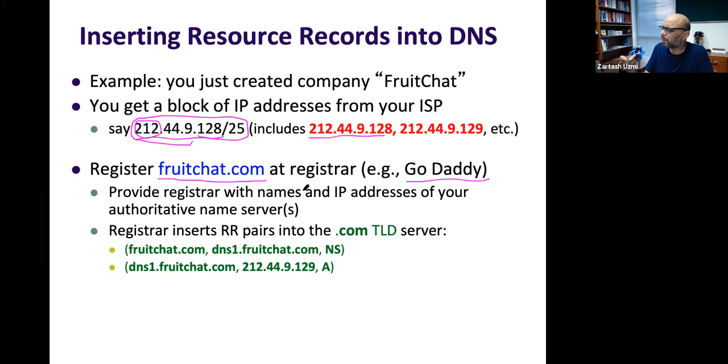So for $10-12, which is 1000-1500 rupees, it gets registered. Okay. You provide the registrar with the names and IP addresses of your authoritative domain name servers. Why do you have to provide this? Because anyone coming to any machine on your network will ask your DNS server for that translation.